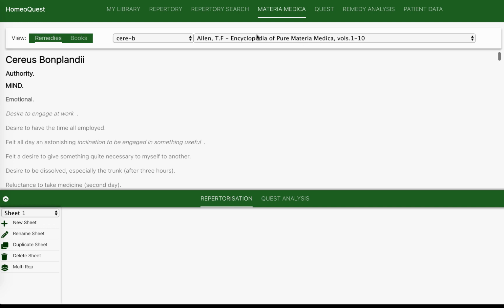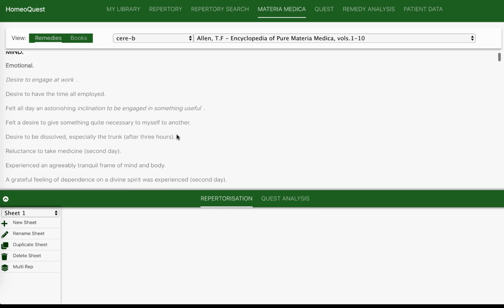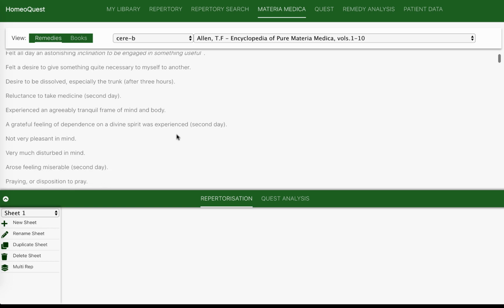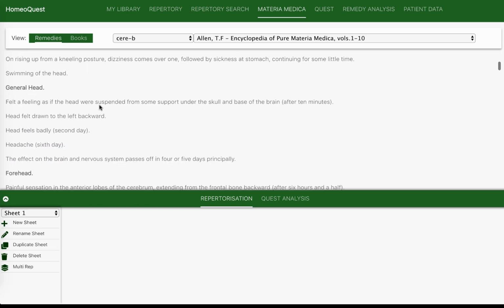And when I'm reading in Allen's Encyclopedia, we have desire to engage at work, desire to have the time all employed, inclination to be engaged in something useful. That's interesting because she's dedicated her life to the rural community. What else? Let's look at the head feelings.